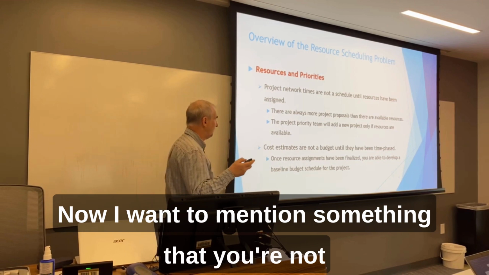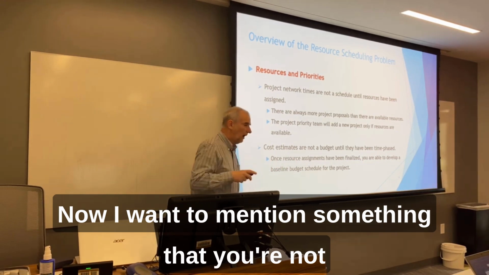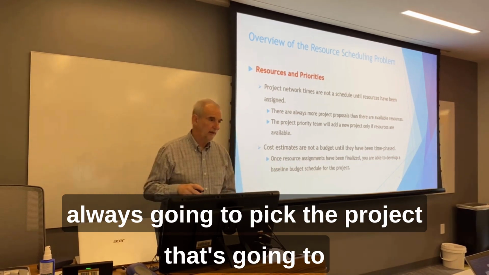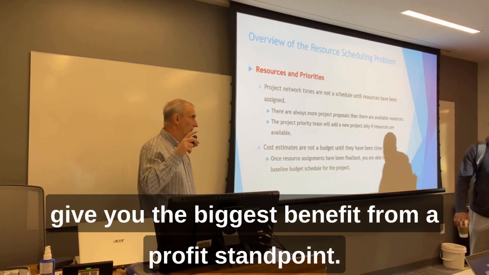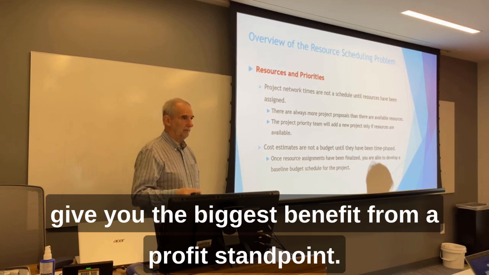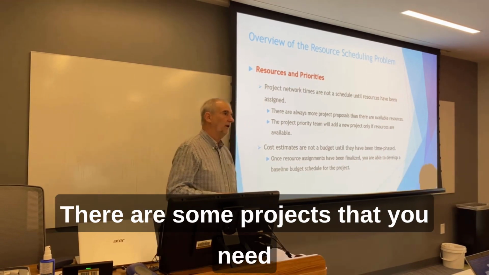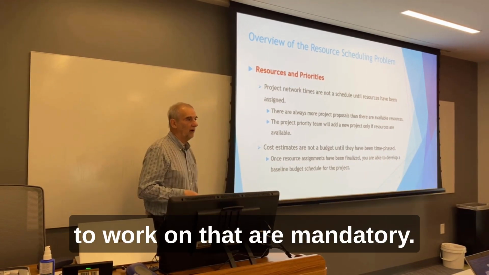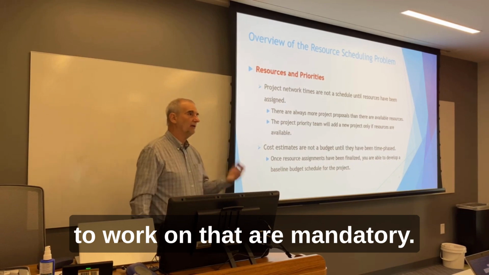Now I want to mention something: you're not always going to pick the project that's going to give you the biggest benefit from a profit standpoint. There are some projects that you need to work on that are mandatory.